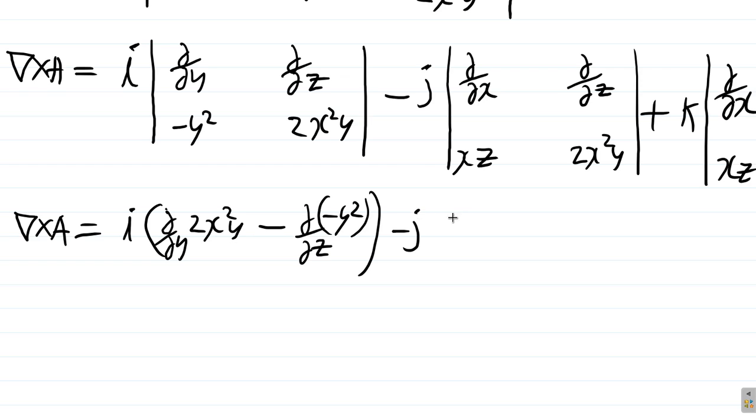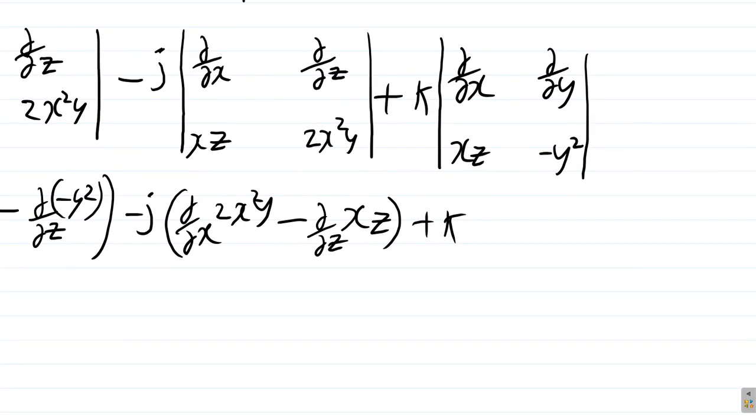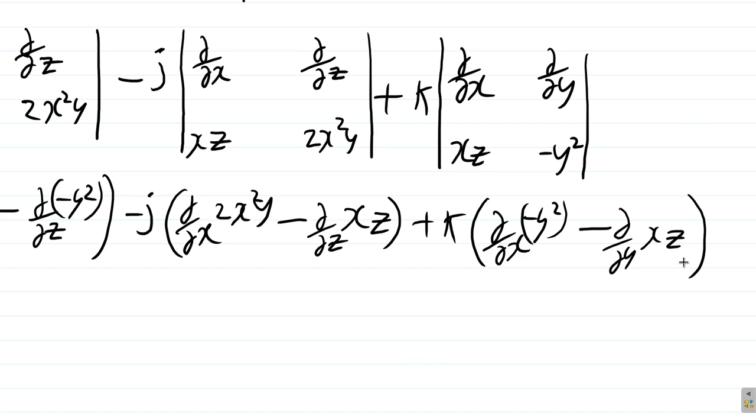Minus j times delta by delta x of 2x squared y minus delta by delta z of xz, plus k, then delta by delta x of negative y squared, minus delta by delta y of xz.